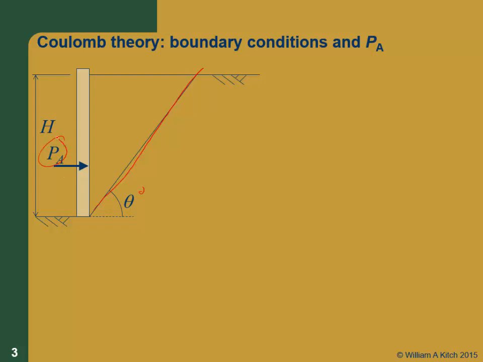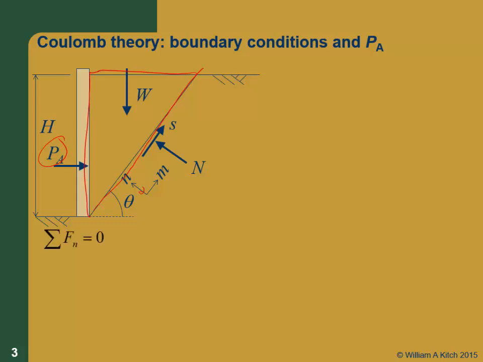There's some total active earth pressure acting. This is a wedge analysis, so we're going to have this wedge back here. The vertical force from the wedge is the weight of the soil. And then on this failure surface, there's a normal force and there's a shear force. We're going to use this n, m axis system, and we're also going to use the XZ axis system, but we're going to start with that one initially.